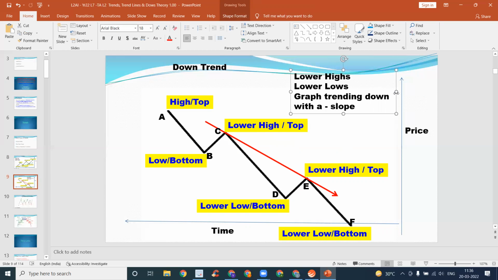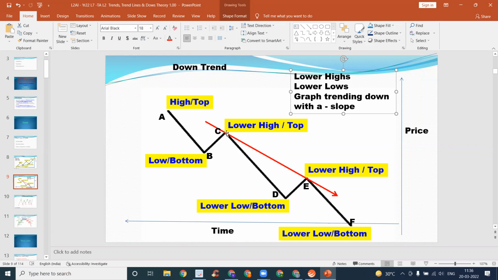So these are the three points we should remember: lower highs, lower lows, and the graph going downwards, the slope is negative. You can see the red line. How do I connect them?